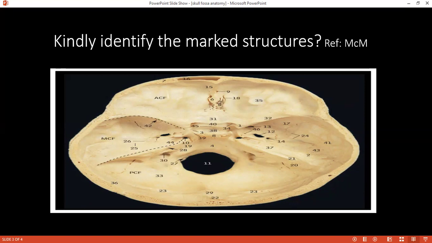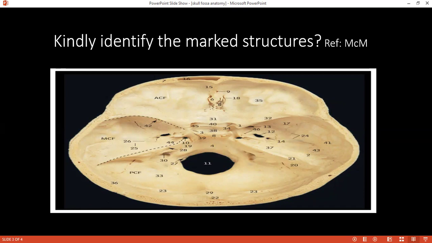Foramen lacerum is number 10. Where is 10? It should be on the left. Number 10. Okay. All right.